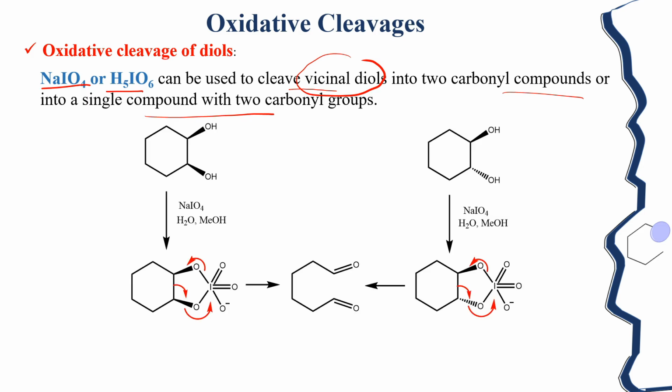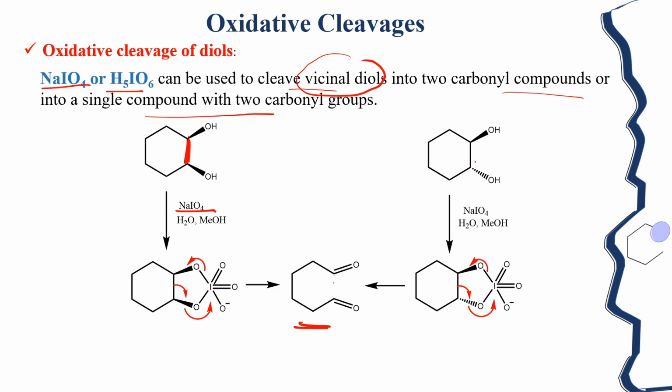Okay, so now you can imagine that this is your 1,2 diol and this particular bond will be broken. So what happens is that NaIO4 will form this type of 5-membered cyclic ring, and after that this cyclic ring breaks, this carbon-carbon bond breaks and we get two carbonyl groups here.